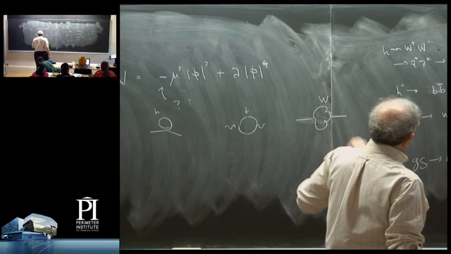This one goes like lambda over 4 pi squared times whatever cutoff you put on the theory. This one, lambda t squared. And this one, alpha weak. And these 2 are positive, and this one is negative.